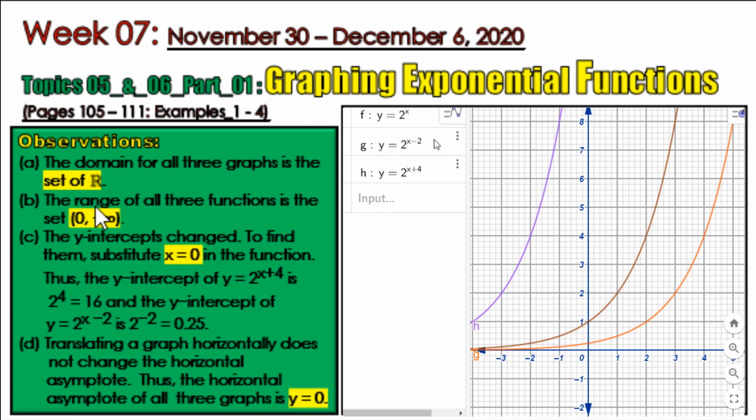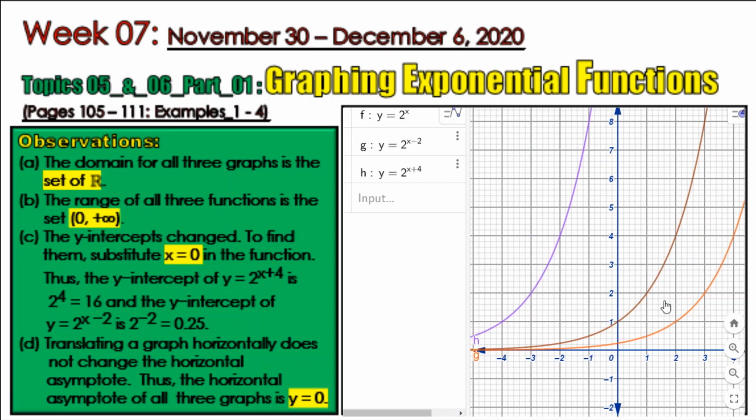Next, the range of all 3 functions is the set of y such that y is greater than 0. For all the values of x, there corresponds a value of y such that y must always be positive.